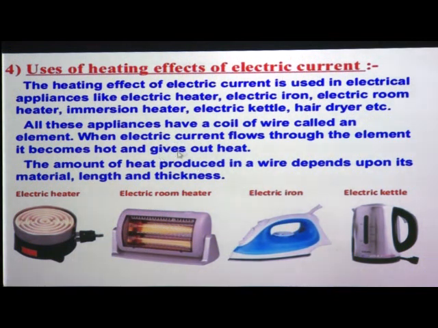Like when we burn wood and sit near that burning wood, you can feel the heat coming out of it. In the same way, whenever electric current flows through this element, it also becomes hot and gives out heat.